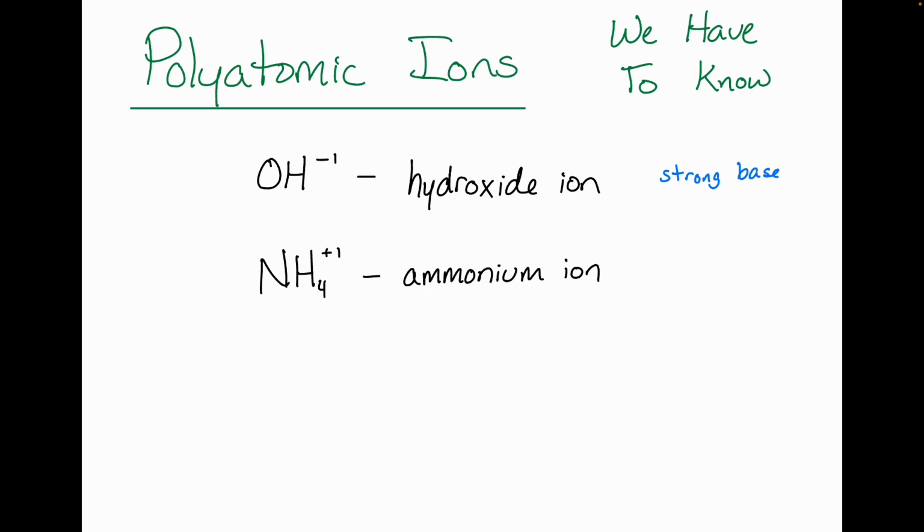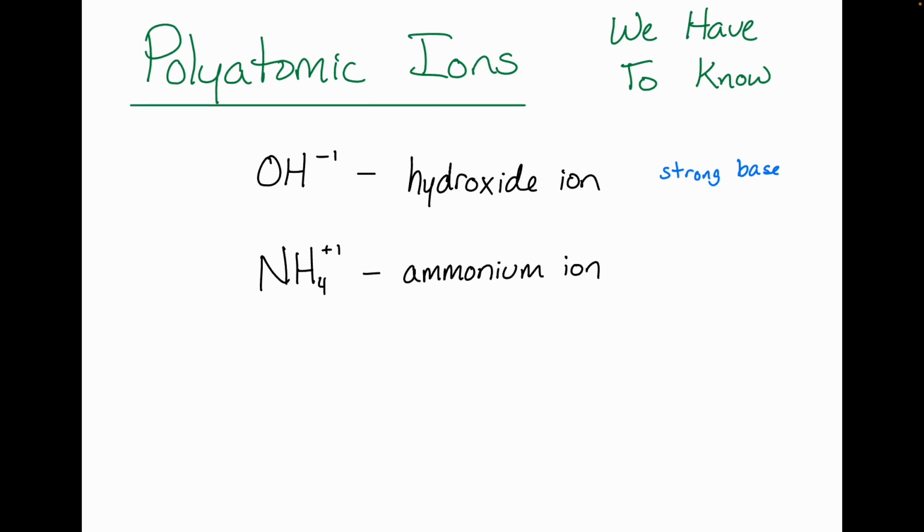And the ammonium ion we want to make a special note of, because there's something really weird about it, and that is the charge of this polyatomic ion. All of the other polyatomic ions that we covered were anions. This is the one polyatomic ion that we're going to study that is a cation, that has a positive charge associated with it.